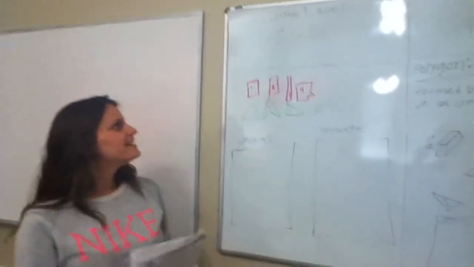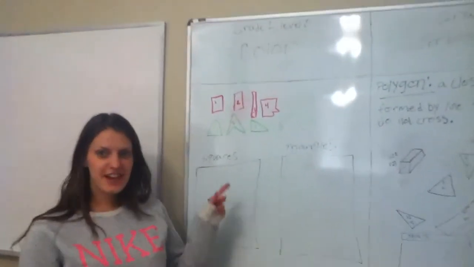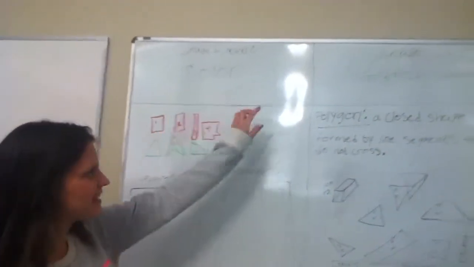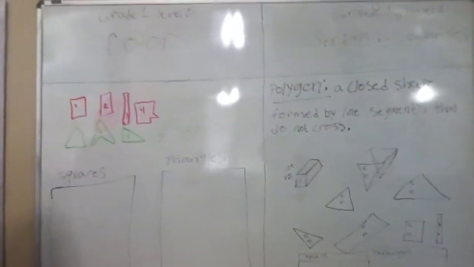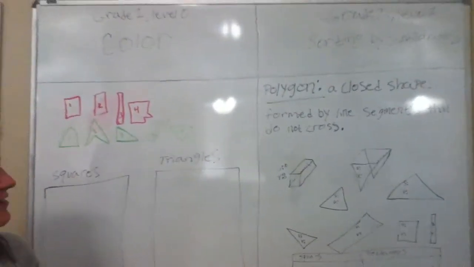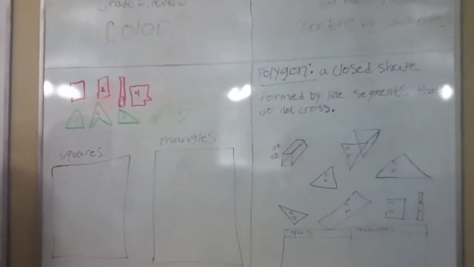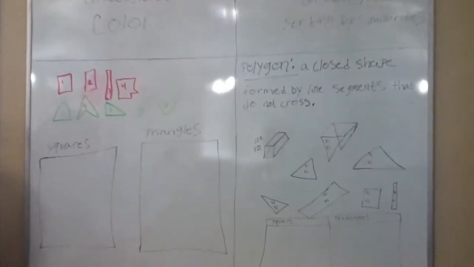Okay, so today I'm going to be explaining the color strategy and the sorting by similarity strategies for grade 1 and grade 2. I'm going to be using these strategies according to the Van Hiele levels that the students might be on or that they want to get to.